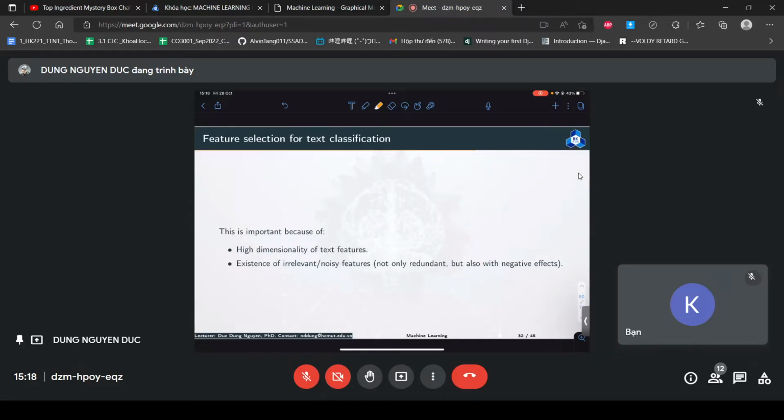Why does this matter? Because the text feature is actually a very high dimensional feature. We know it, and it's hard for us to use those features in the raw form. You have to somehow pre-process it and reduce that complexity before you go any further.